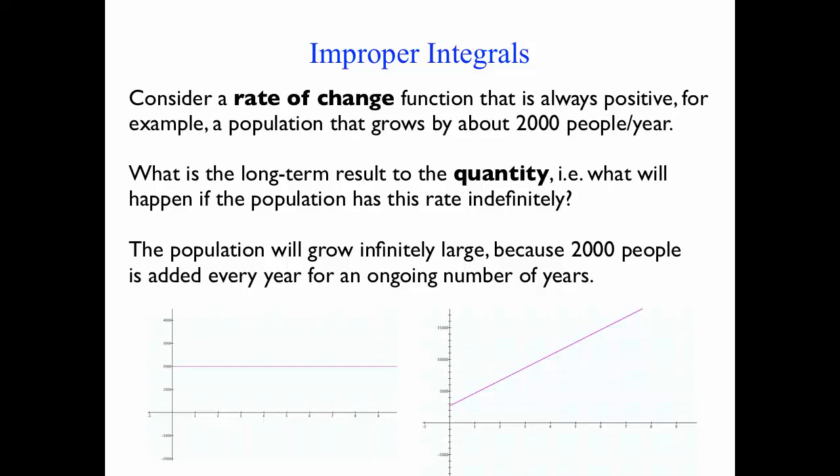And so if we let years just go on and on, this is the improper part. Improper means we're going to consider just indefinitely. What's going to happen to the quantity? Yeah, it's just going to get infinitely large. So if we let the number of years get very, very large, then our population is just going to get very, very large.